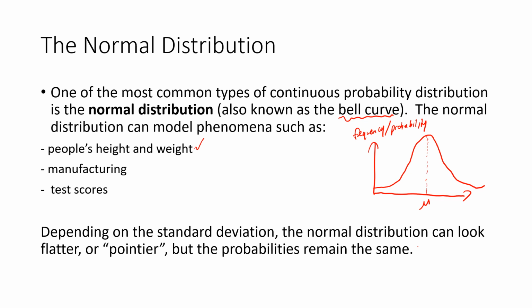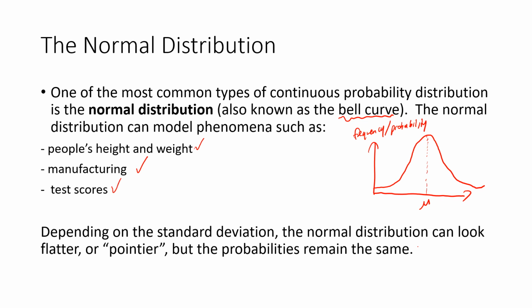Okay, and the further away you go from the mean, the probability of a person having that height becomes lower and lower. Manufacturing, when we make things, for example, if we make things to a certain size, we can usually get it to that size. But there's also probability that it can be slightly bigger or smaller. But the probability that it will be very off, a lot smaller, a lot bigger, gets smaller and smaller.